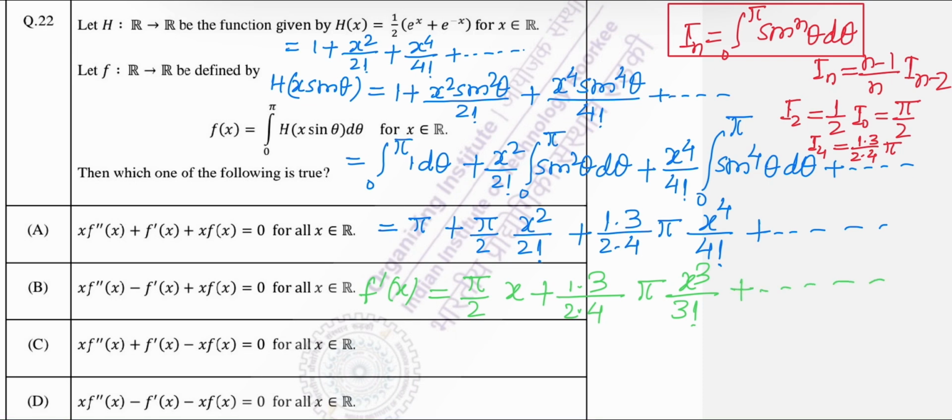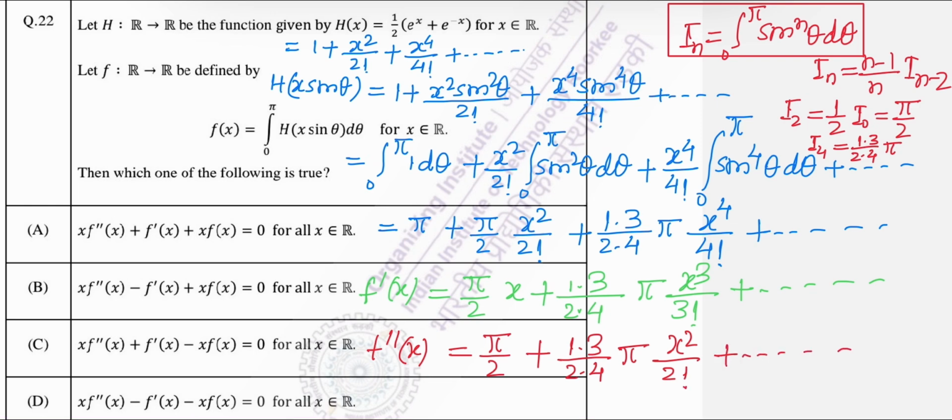Now I write f double dash x in red, and this will be pi by 2 plus 1.3 by 2.4 times pi, and the differentiation of x cube by factorial 3 will be x square by factorial 2, plus and so on.